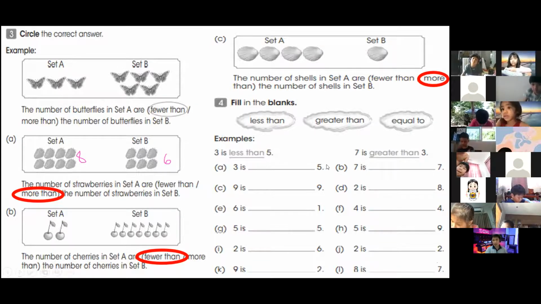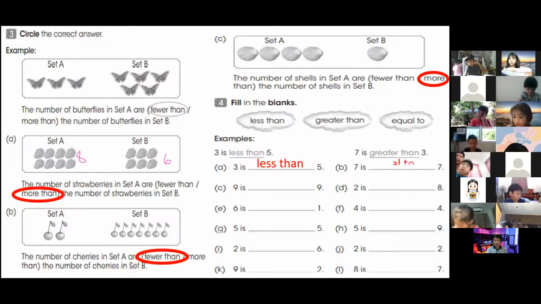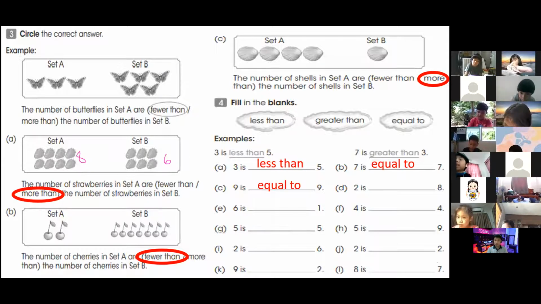Okay, letter A. Letter A, 3 is blank than 5. 3 is less than 5. How about letter B? 7 is equal to 7. Letter C, look at your answer. Letter C, if you haven't answered yet, you can take a photo and then you can answer in your book.